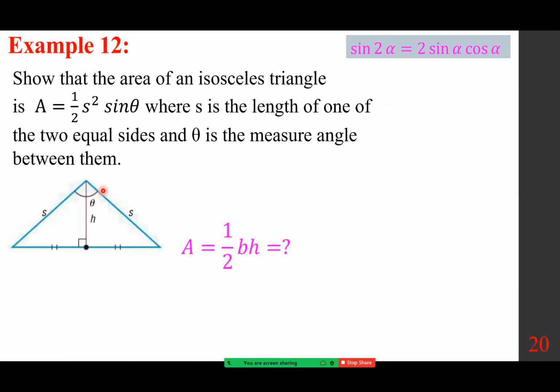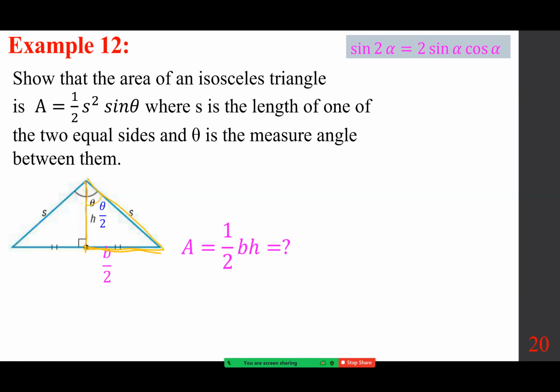So all we have to do, figure out what's base, what's h, and we find the answer. So if this is the base, this is half of it. If this is theta, then this is half of it. And we are looking at this half, let's say, or the other half, it doesn't matter.